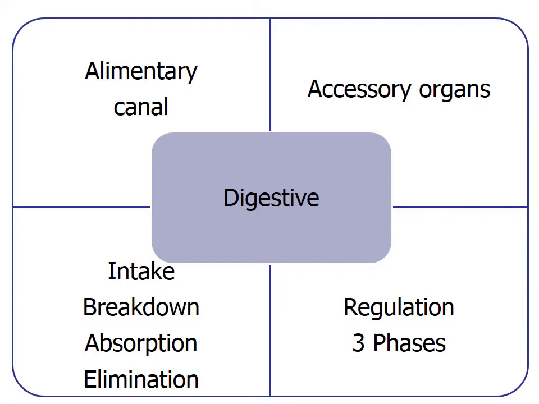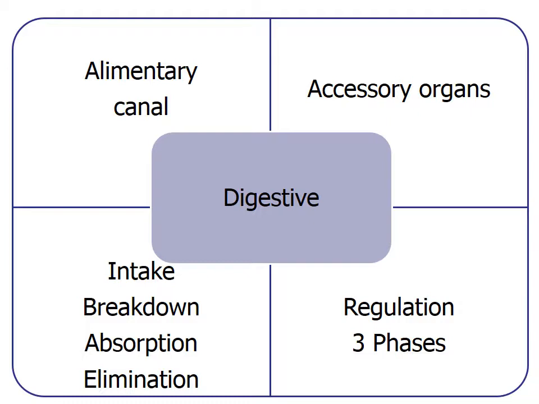Organs of the digestive system are divided into two categories. Alimentary canal, all parts of the same long tube, and accessory organs attached to the tube.